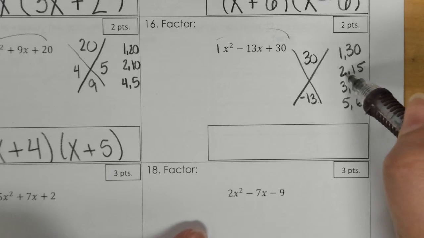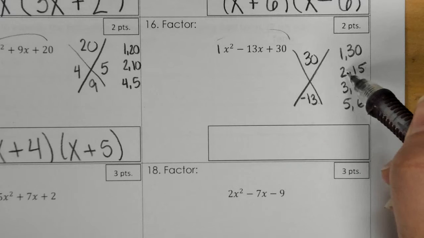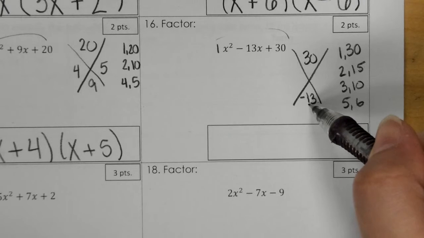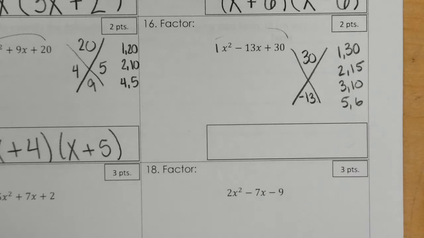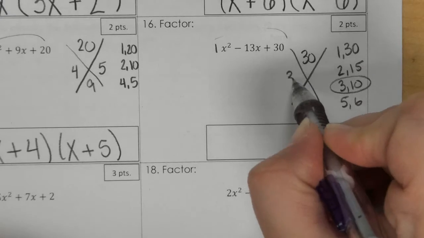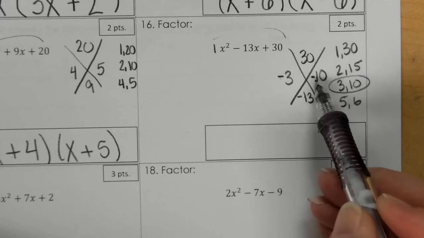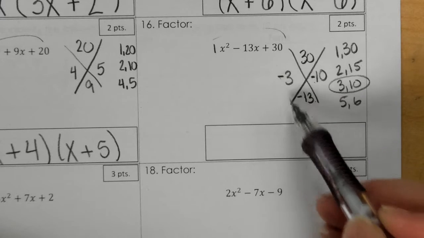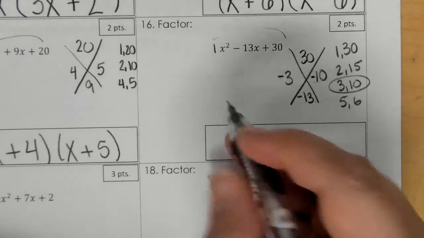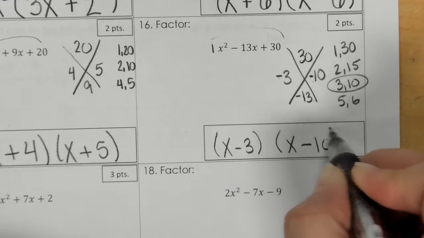So if I did 15 minus 2, it would give me a positive 13. 2 minus 15 gives me a negative 13, but a positive times a negative gives me a negative, and that 30 is positive. So we're going to go with 3 and 10 and make them both negative, because a negative times a negative is a positive 30. If I add 2 negatives, I keep the negative. So my solution here is x minus 3 and x minus 10.